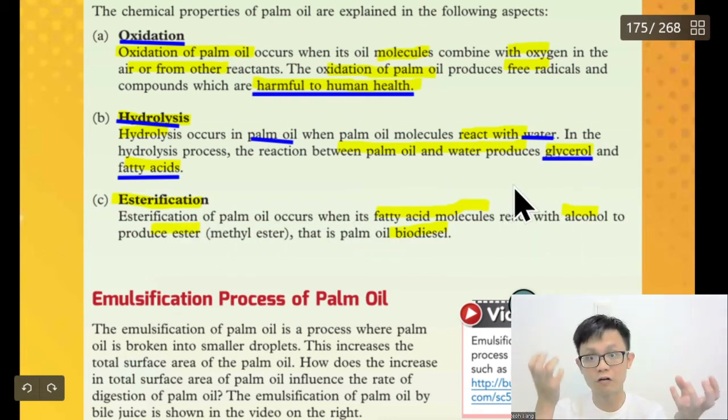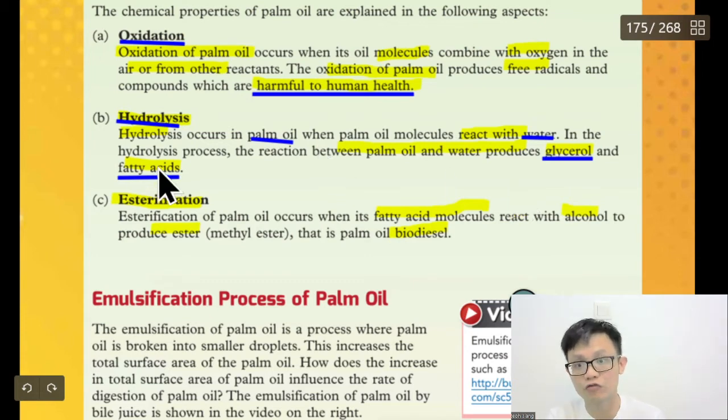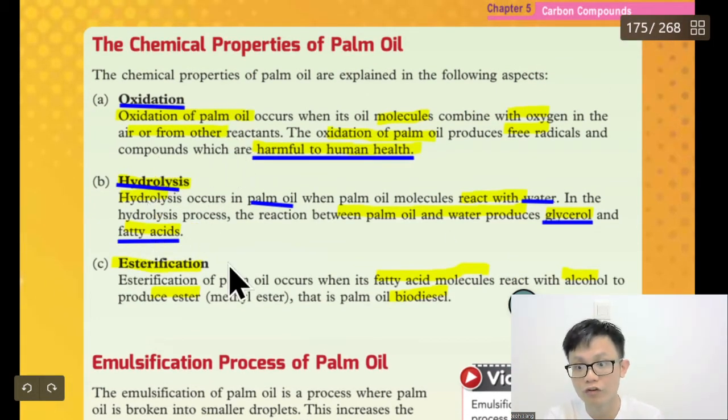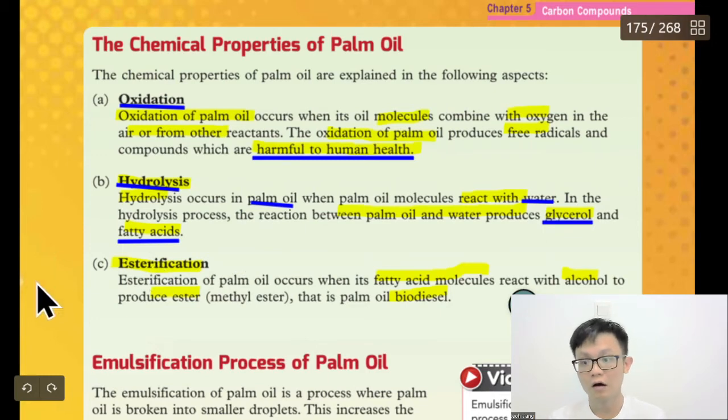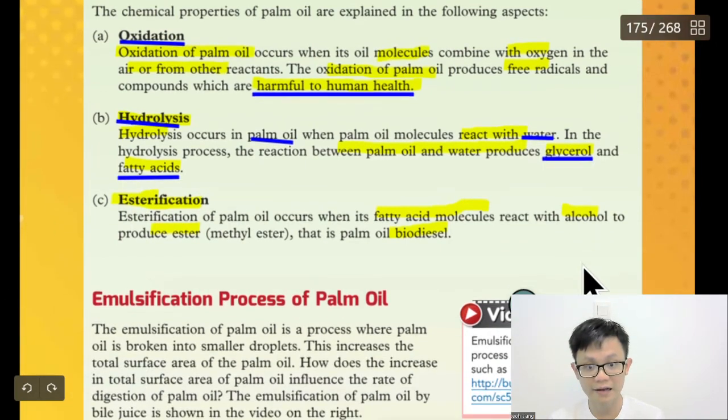You use alcohol and the oil to mix. So basically there are three different things: either oxidation, you add oxygen; hydrolysis, you add water; or esterification, you add alcohol and it will produce ester.